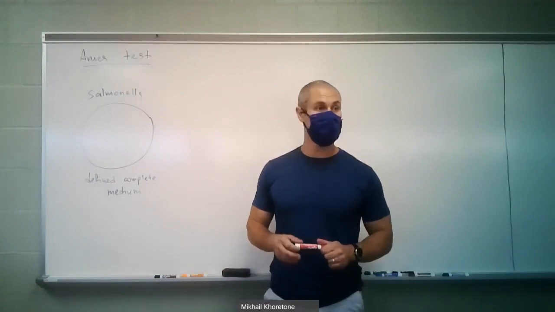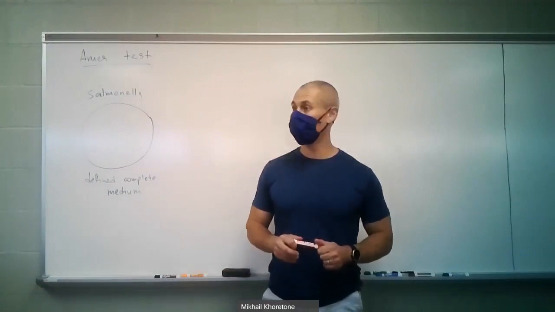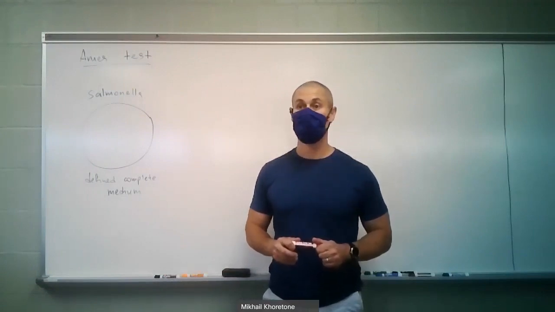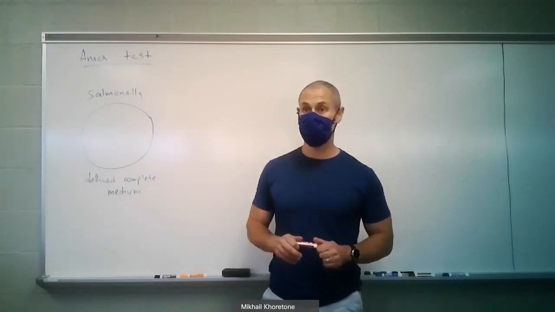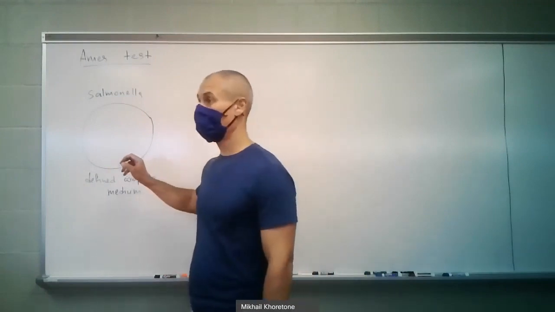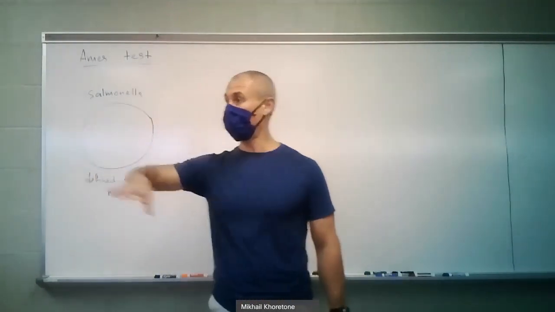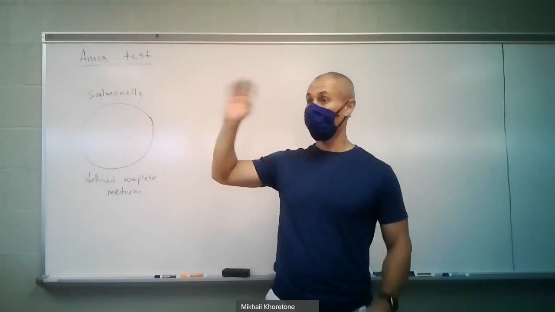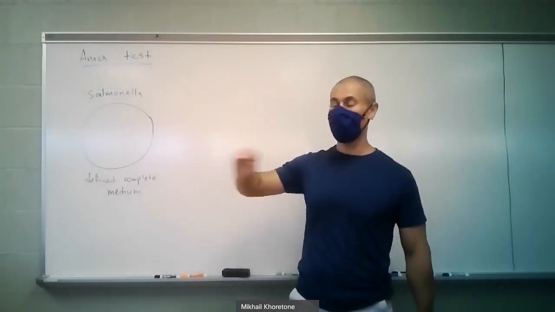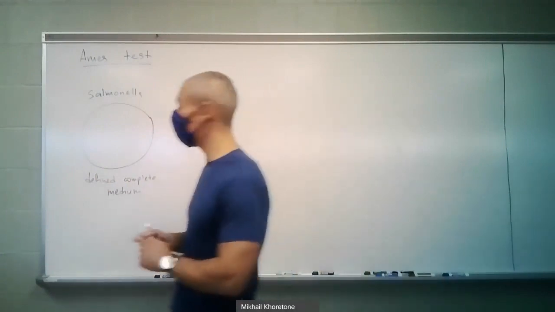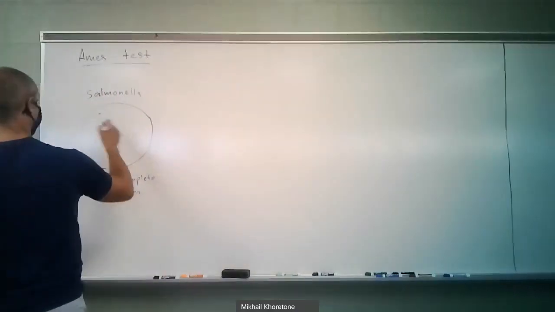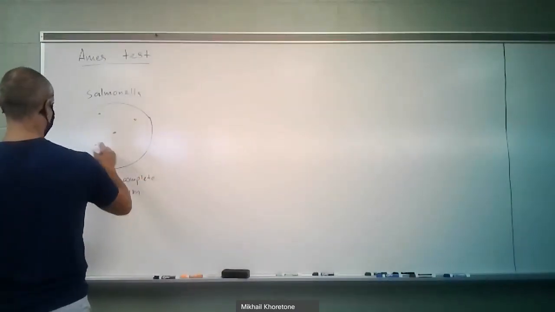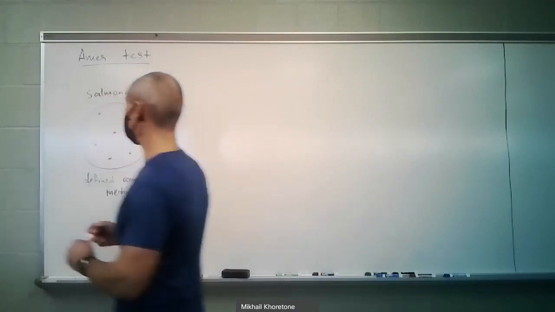What do we know about defined medium? We know its chemical composition. So we know exactly how much amino acids, vitamins, glucose we added to the medium. Does that make sense? We know exact chemical composition, and our salmonella grows marvelously on that medium.